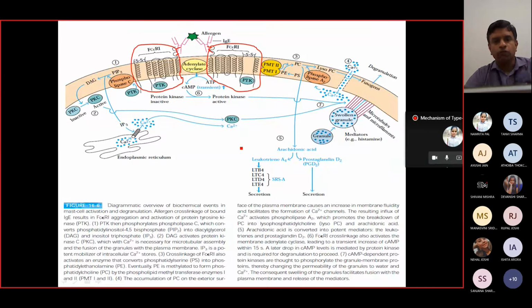Now what happens when the same allergen enters the body for the second time? Obviously that allergen will go and bind to its antibody, so it has bound to two IgE which were bound to the receptors. So this allergen has cross-linked the two receptors, right?